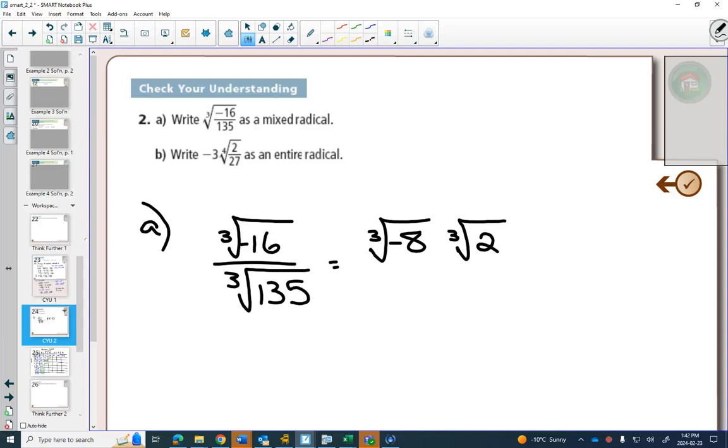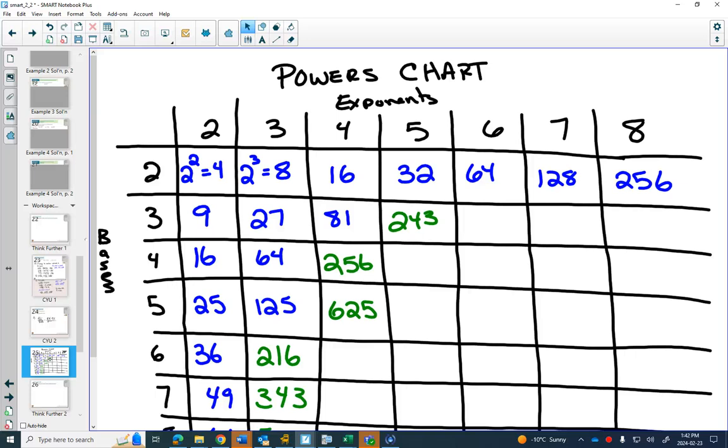Now 135. We have to see if that divides by a nice cube root. Well, which ones do we have to check? We only have 4 of them to check.